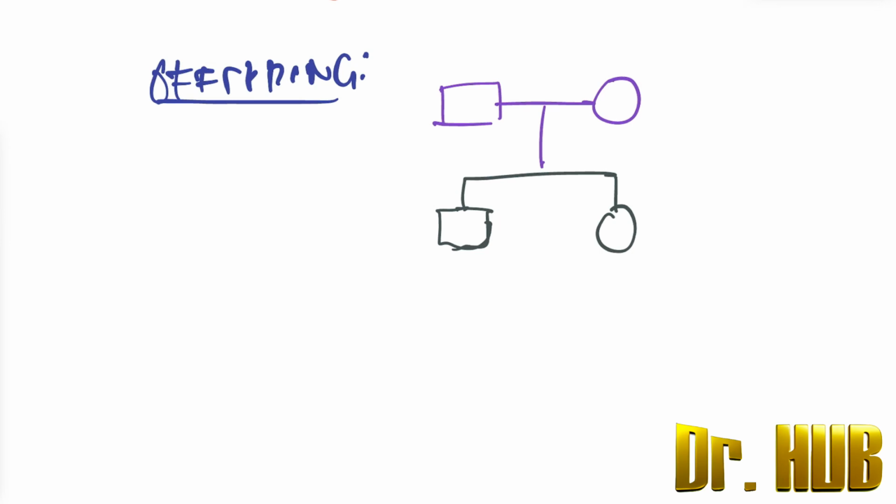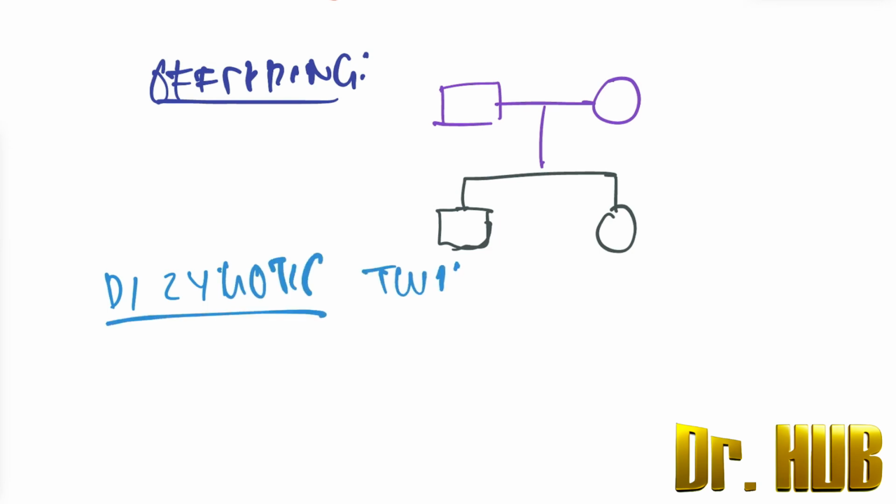Now how to draw the dizygotic twins? Dizygotic twins is basically the fraternal twins. So here you draw two lines, each ending with a square. So this means dizygotic twins.